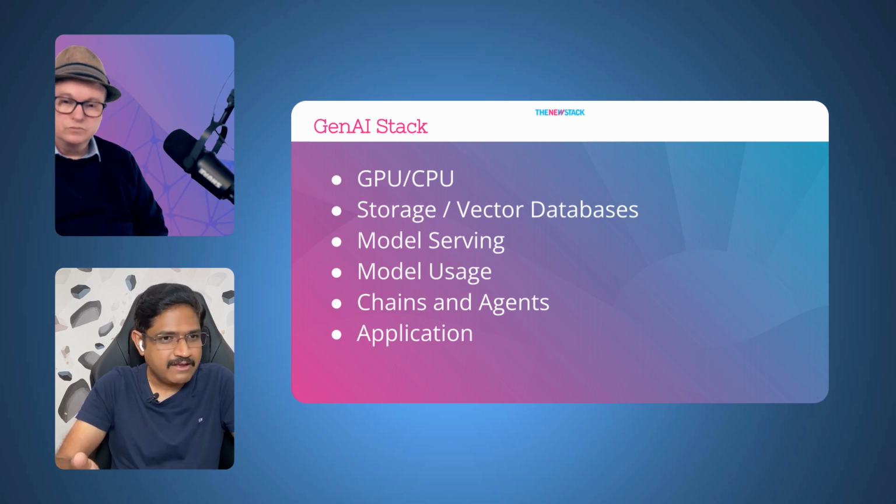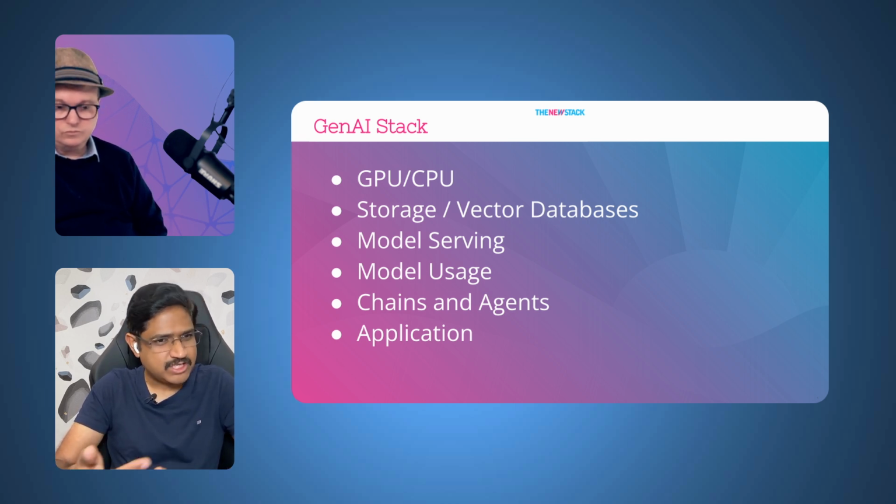Now, on top of the inference engine, you have what are called the tools or the agents. These are, for example, LangChain, Llama Index, or any other orchestration tool that you are using, which is orchestrating the LLM invocations, making calls to the LLMs and making sure that the prompt engineering is in place.